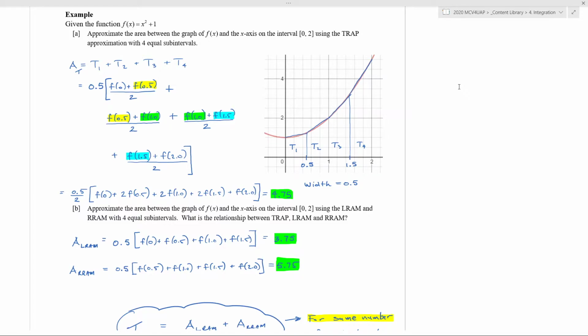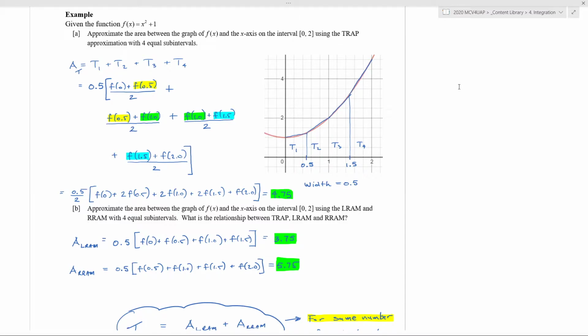And then all you're left with on the inside is f at 0 plus 2 times f at 0.5 plus 2 times f at 1.0 plus 2 times f at 1.5 plus f at the last x value, which is 2.0. That kind of pattern will always happen when you're using a trapezoidal approximation. So sometimes it's easier just to skip right to that last step, if you can remember it.